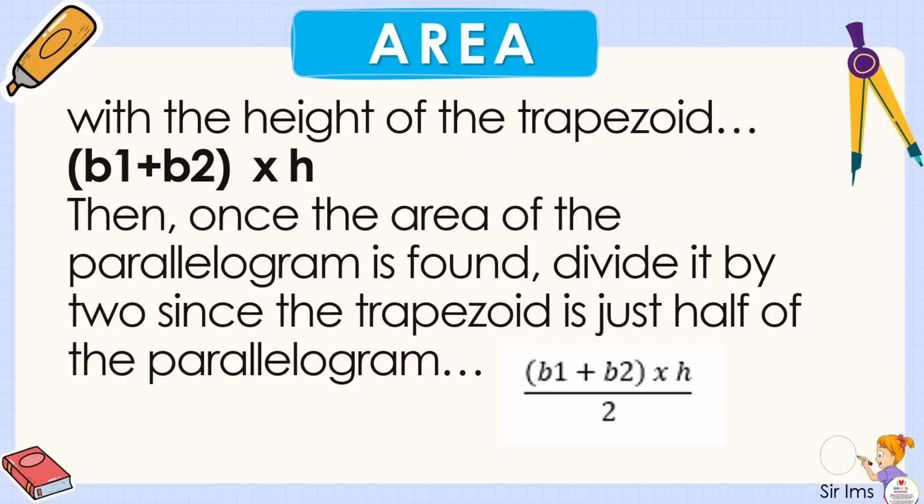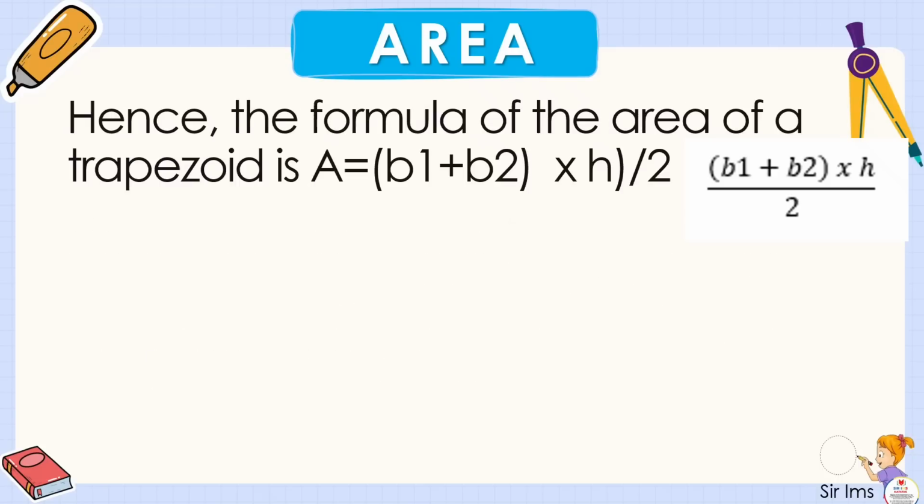Then once the area of the parallelogram is found, divide it by 2 since the trapezoid is just half of the parallelogram. Meaning to say, ang magiging formula natin will be base 1 plus base 2 multiplied by height divided by 2. So that's how we are going to find the area of the trapezoid. Hence, the formula of the area of a trapezoid is, again, base 1 plus base 2 multiplied by height divided by 2.